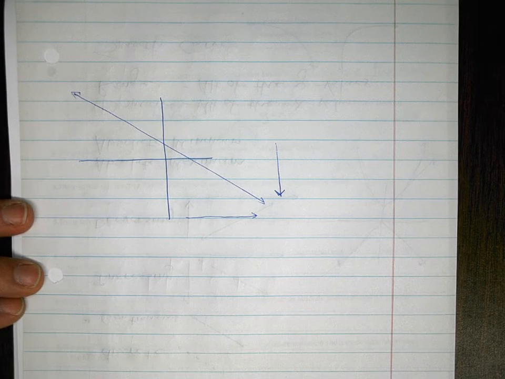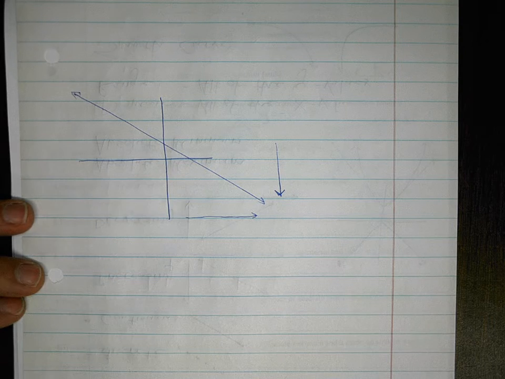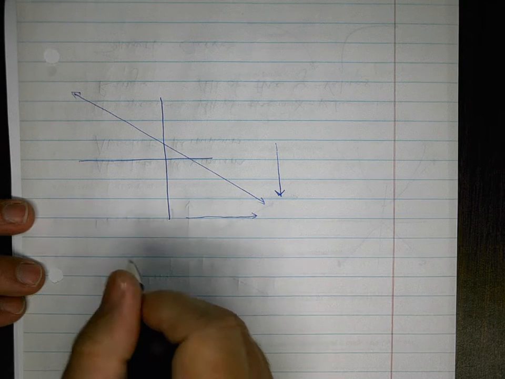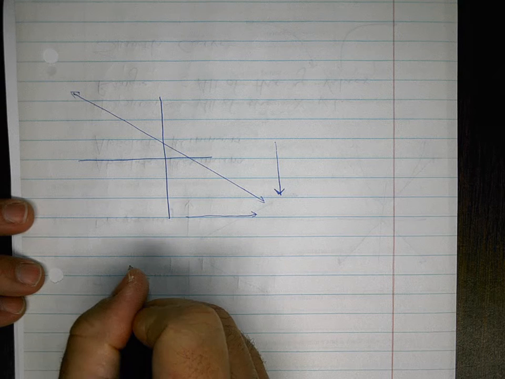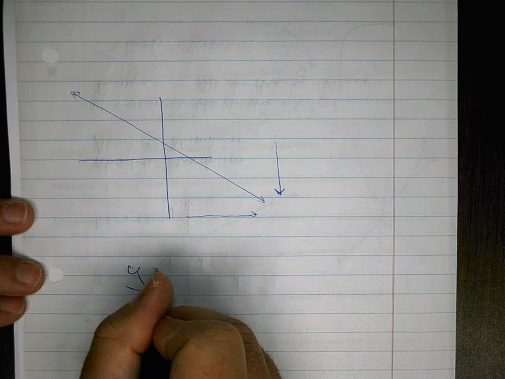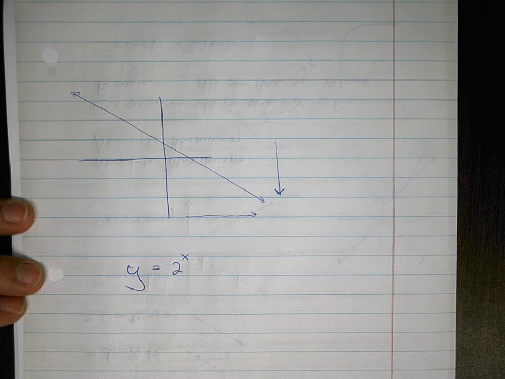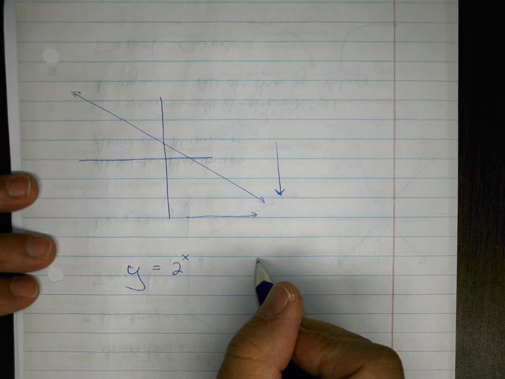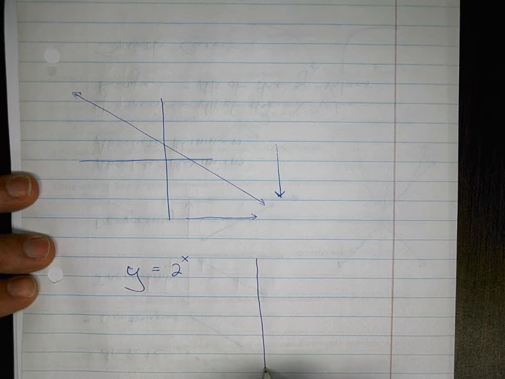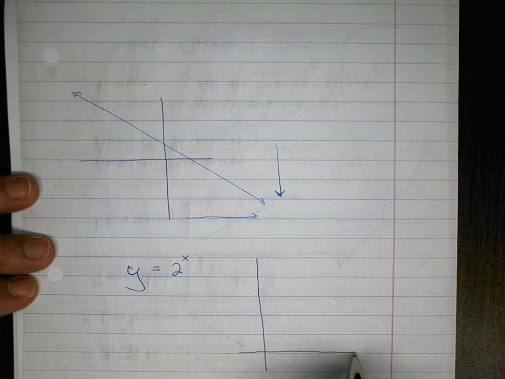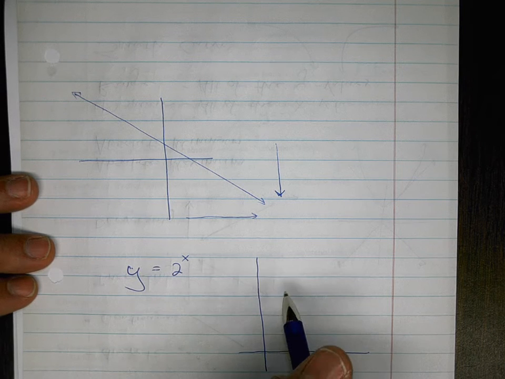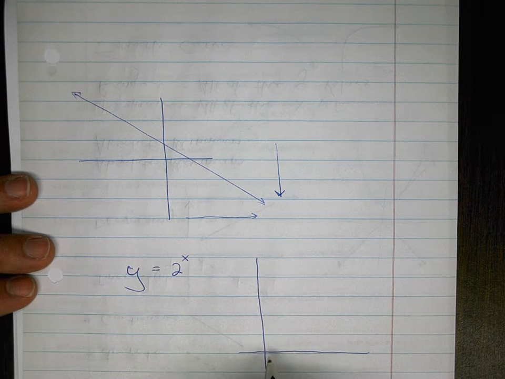Okay? Now an example of an exponential equation that continues to get smaller would be this graph right here. Okay? So when x equals 0, y equals 1.